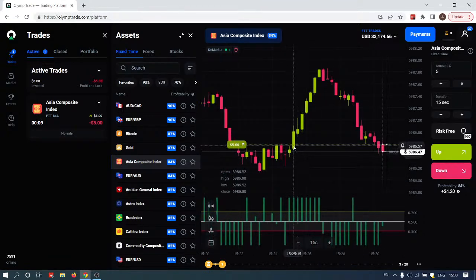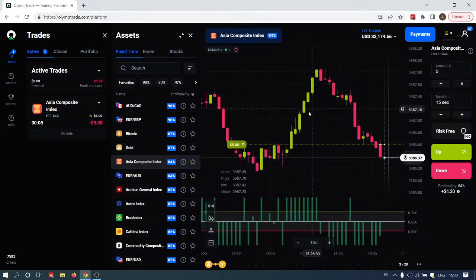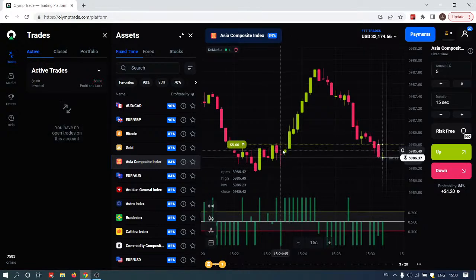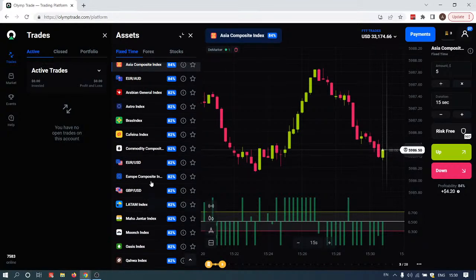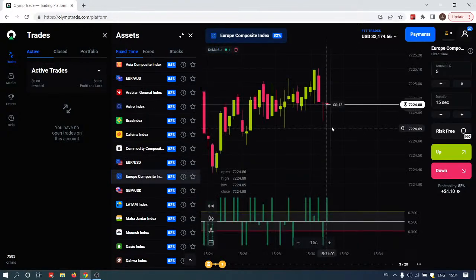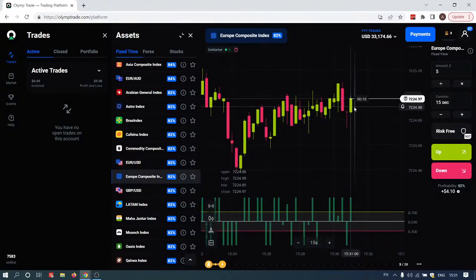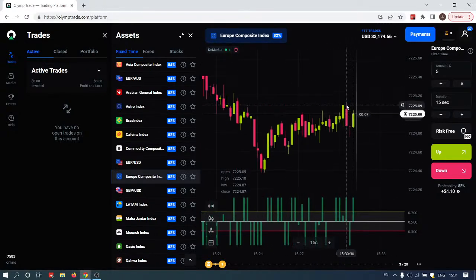But what I can see from the history of this chart is that this is a very trendy chart, so to say, and we can see that green candlesticks are followed by green candlesticks oftentimes, and red candlesticks are followed by red candlesticks. So that's one of the ideas how you can trade with that Martin strategy.